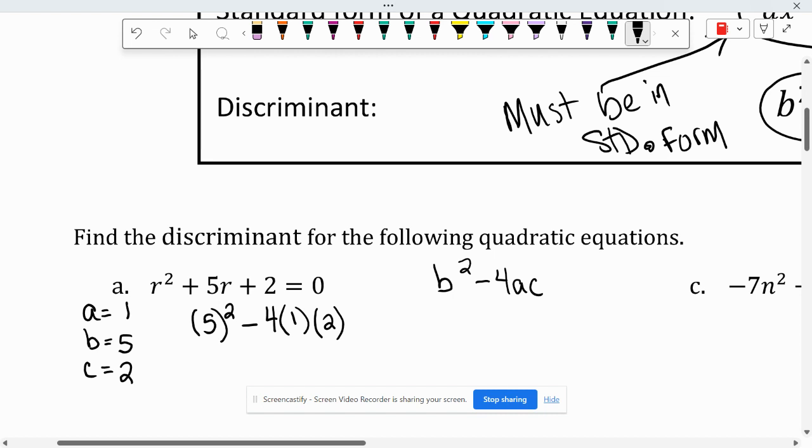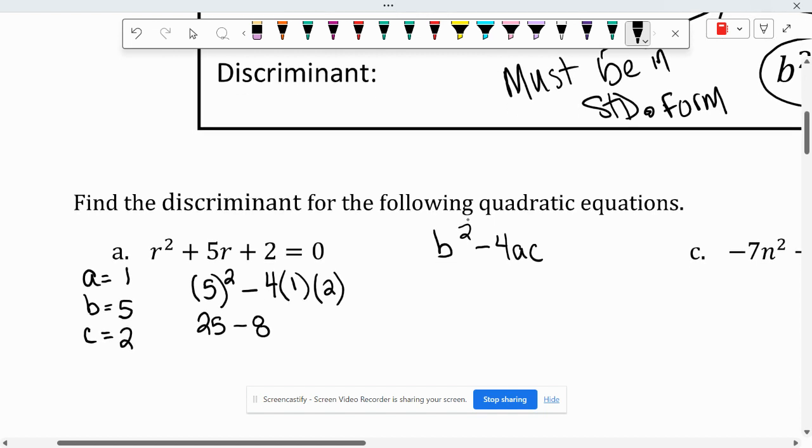And then I'm going to simplify. 5 squared is 25. 4 times 1 is 4 times 2 is 8. 25 minus 8 is 17. So the value of the discriminant is 17. Questions about that?